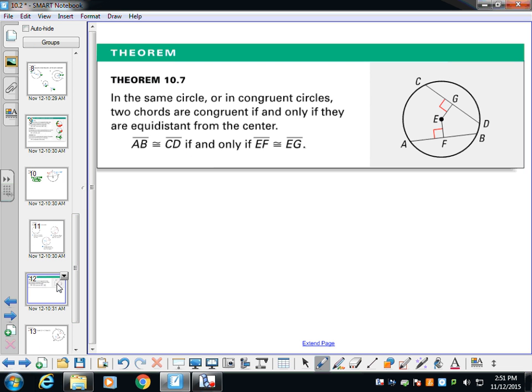Theorem 10.7: in the same circle or in congruent circles, two chords are congruent if and only if they're equidistant from the center. So chord AB is congruent to chord CD because they're both the same distance away from my center.